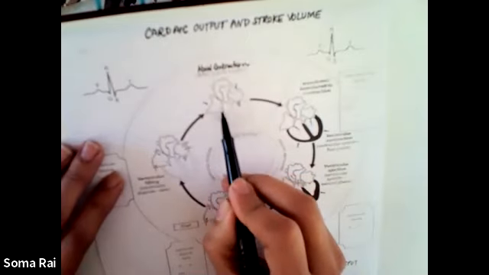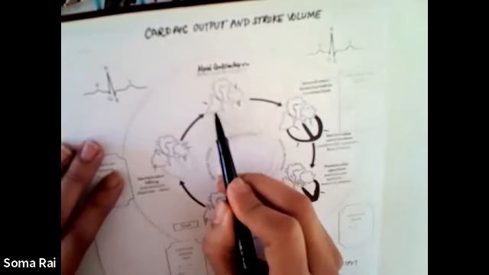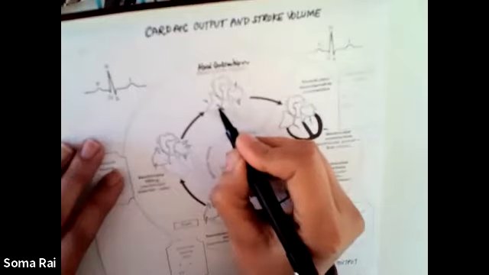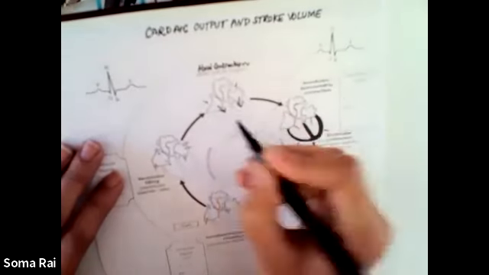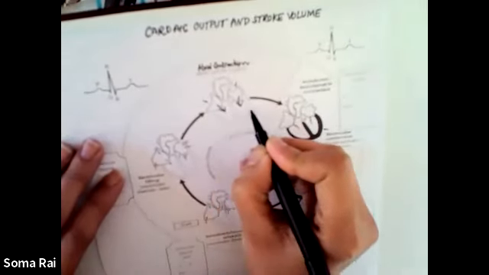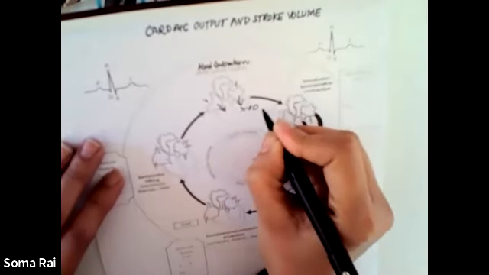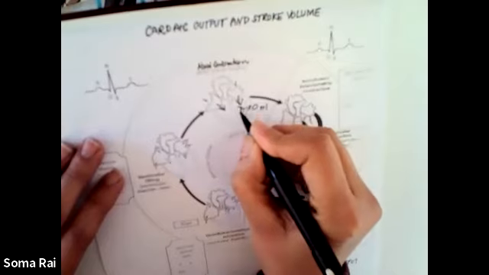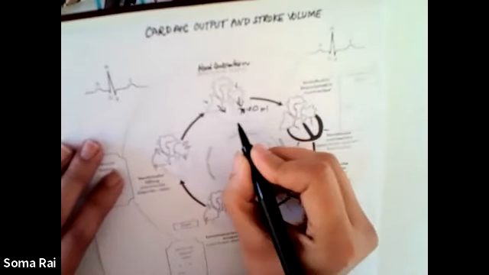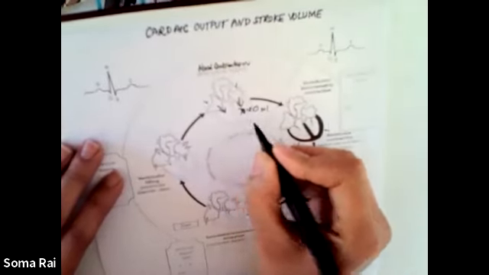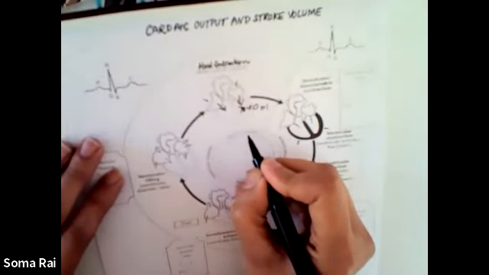At that time, the ventricle is open and it is receiving blood. You can see the arrows going in. The ventricle is open and it is receiving about 70 to 80 ml blood. Okay, this is the atrial systole.